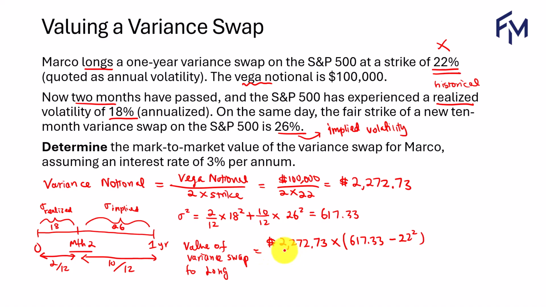Then we discount it. This is the amount at year 1, so we have to discount it from year 1 to month 2. So I divide by 1 plus 3% for the discount rate, discounted back by 10 months, so that is 10 over 12.